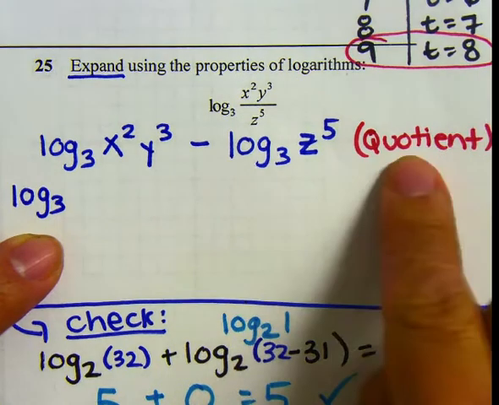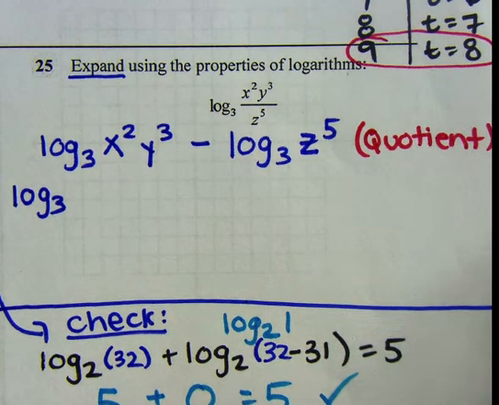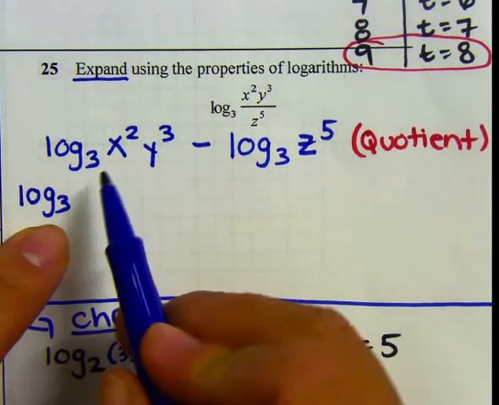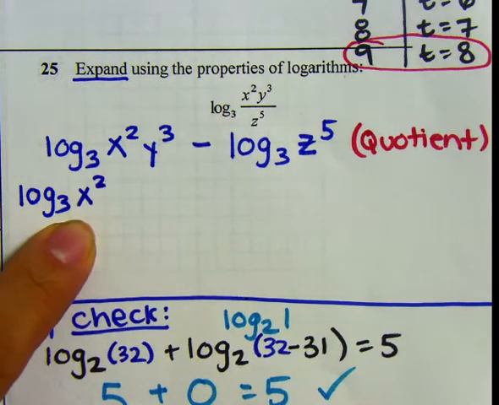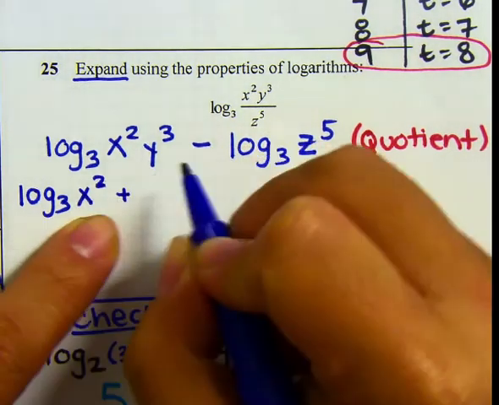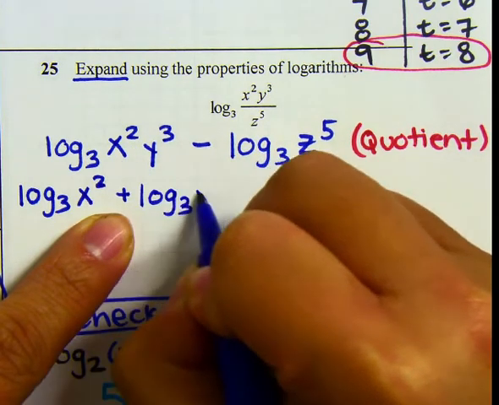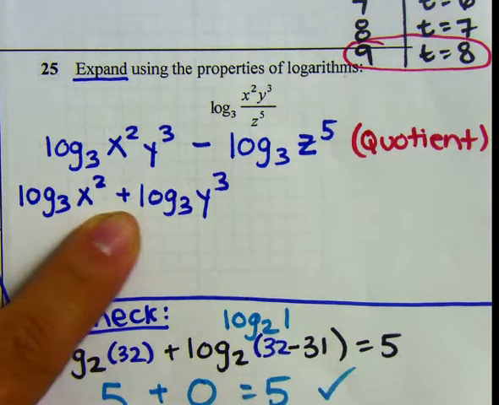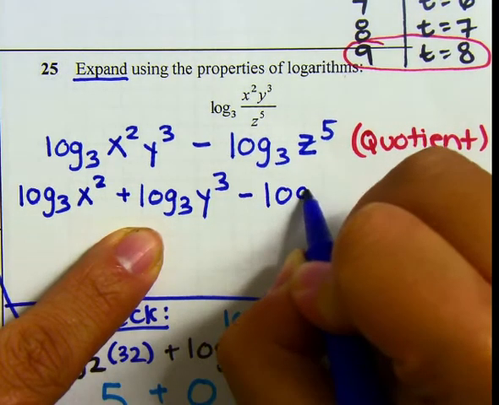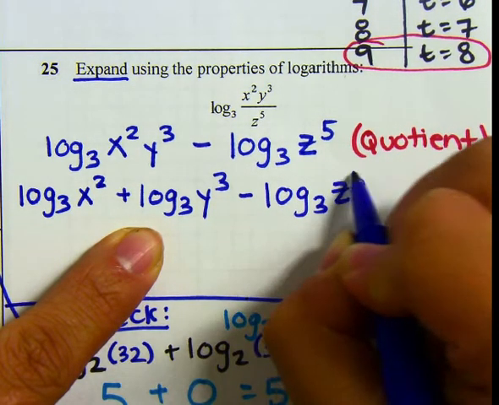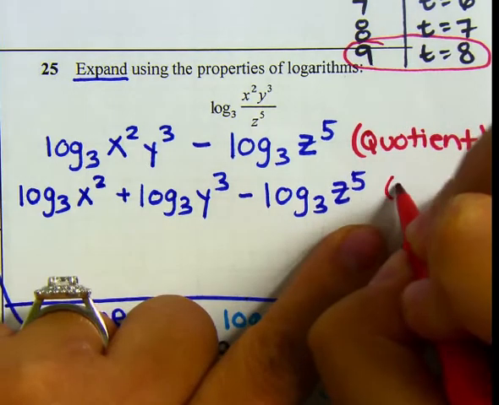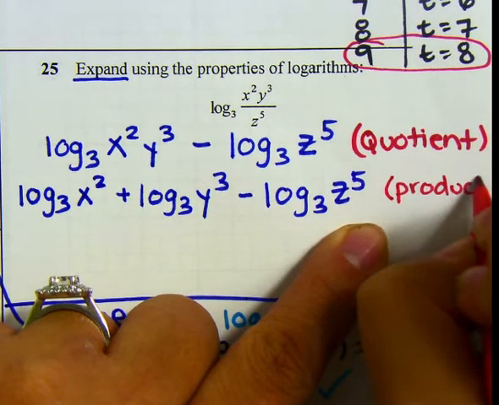Quotient property was here. Okay, sorry, log base 3 of x to the second, and I'm adding it, because I'm using product property, log base 3 of y to the third, and I have minus log base 3 of z to the 5th. And I used the product property here.